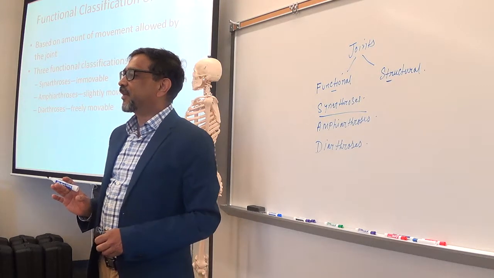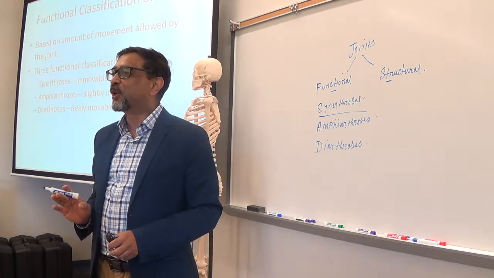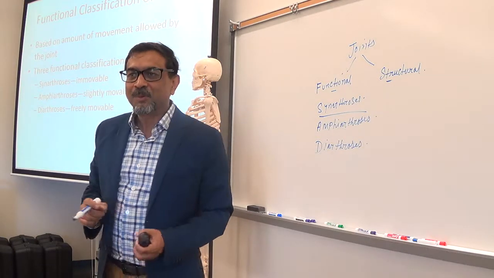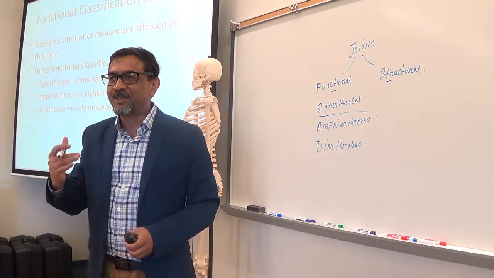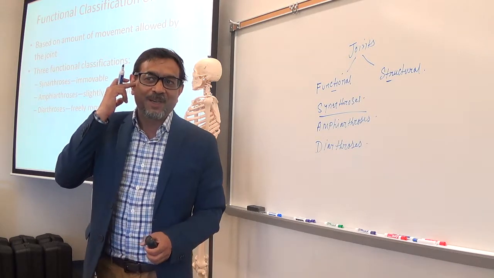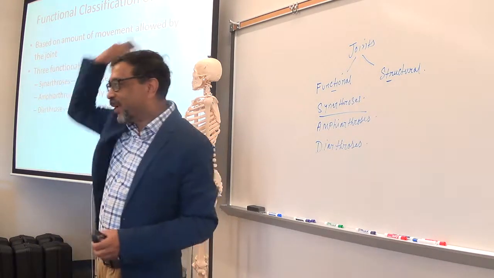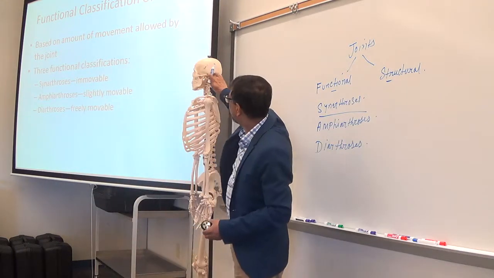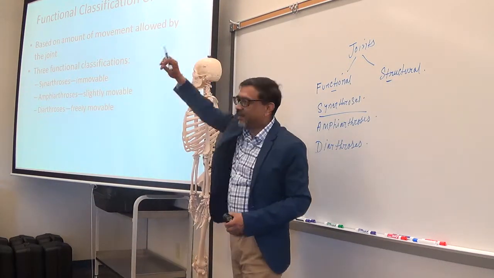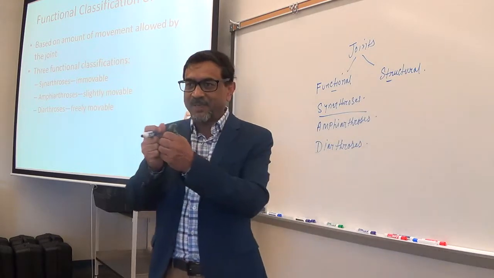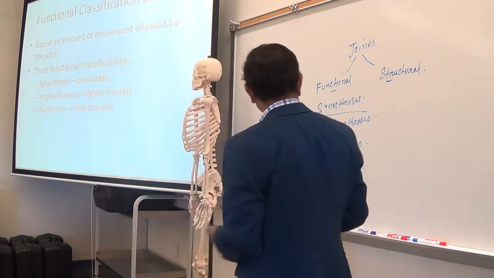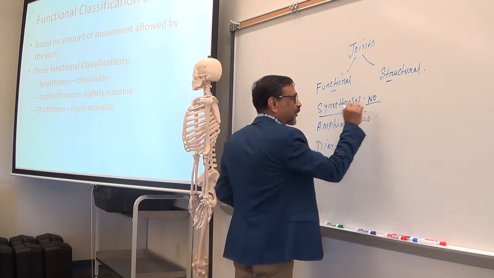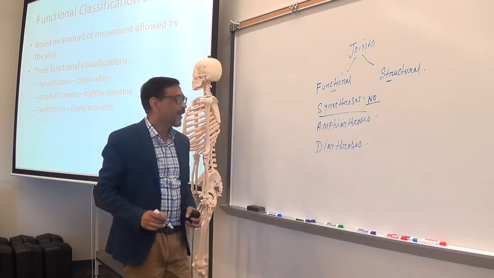Can anybody give an example? In which joint no movement occurs? Yeah, very good. I told you in the last class, remember, the only movable joint here is the temporomandibular joint. All other joints in your skull are fixed, like sutures, where the cranial bones join, right? Fixed, no movement. So, no movement, synarthrosis. Immovable.